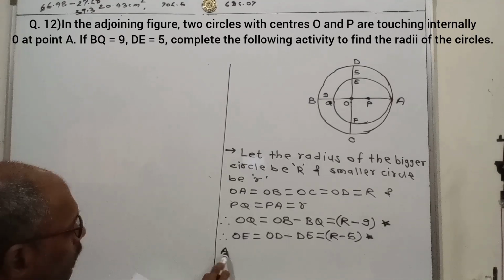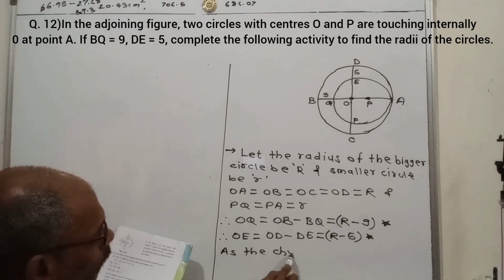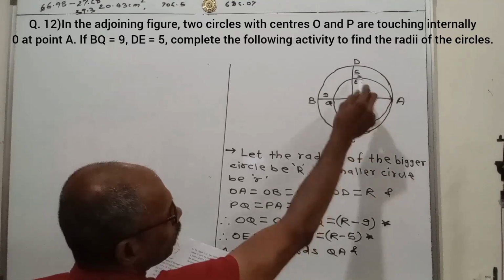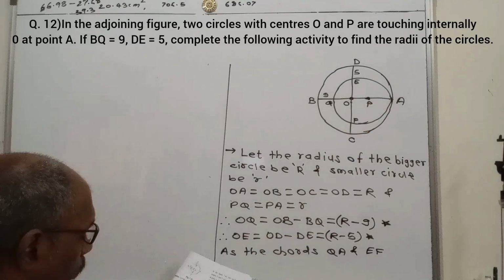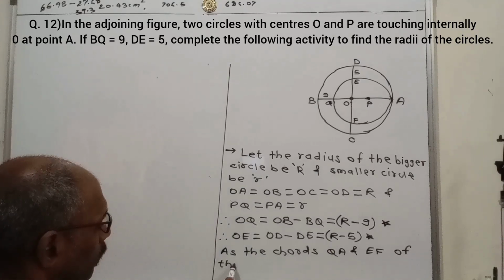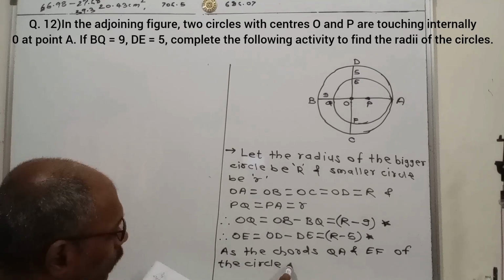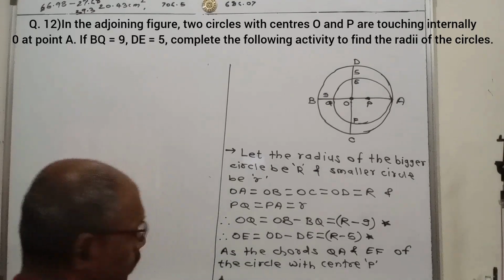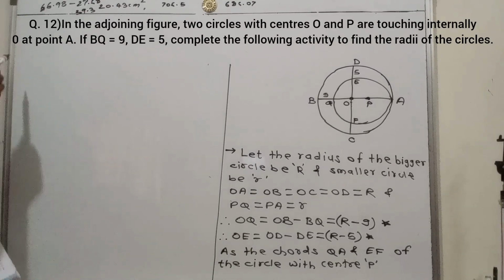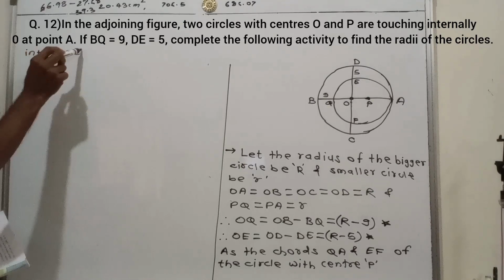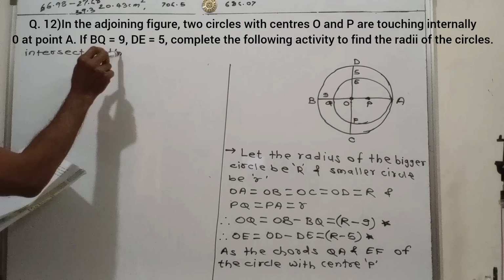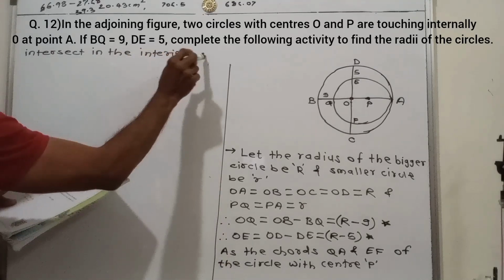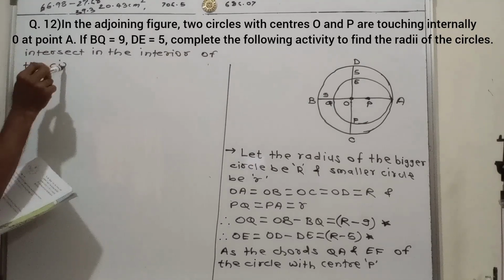So we have given here the chords QA and EF of the circle with center P intersect internally in the interior of the circle.